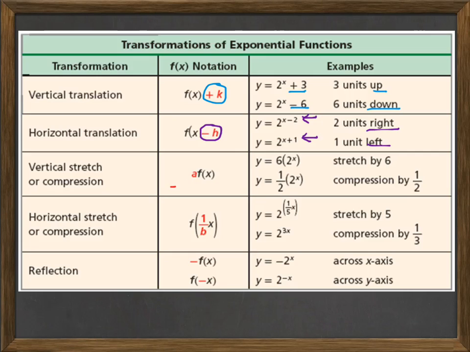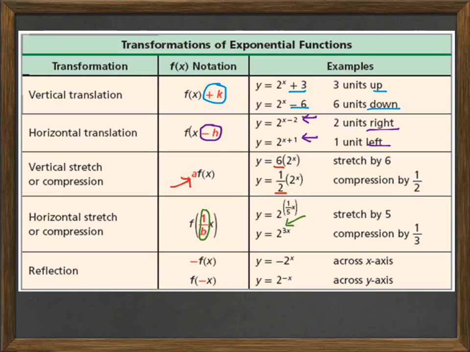You've also seen vertical stretches or compressions where we have a number that is in front of the function. Here it's outside and it's not raised to the exponent. We also have horizontal stretches and compressions where we're multiplying the x inside the function by the number.